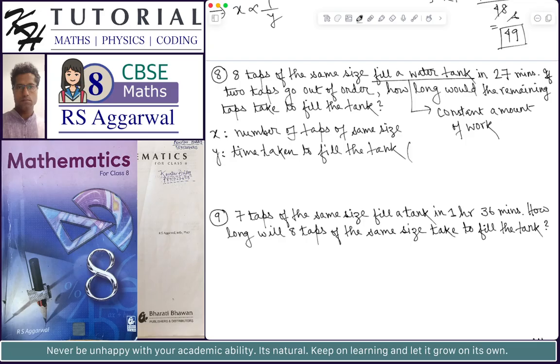Now this you can consider in minutes, since it is given that 8 taps take 27 minutes to fill the tank. So we can clearly say that x varies inversely with y.